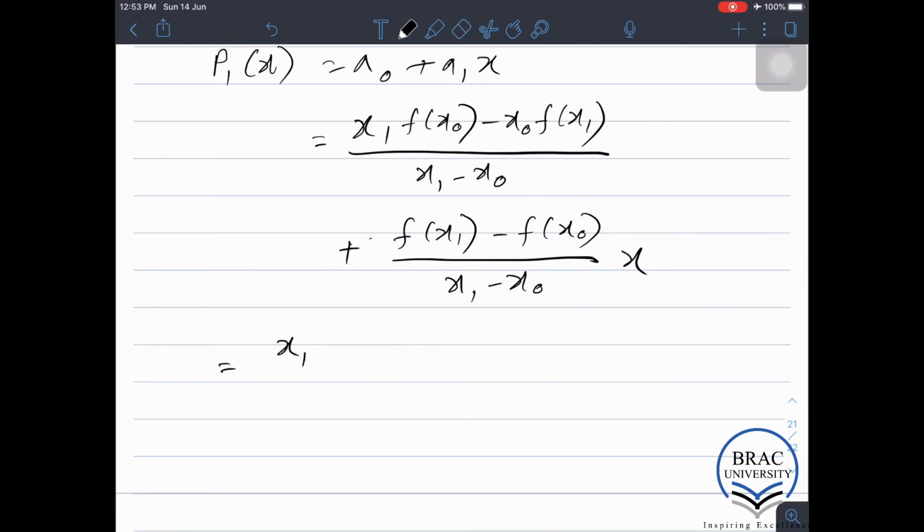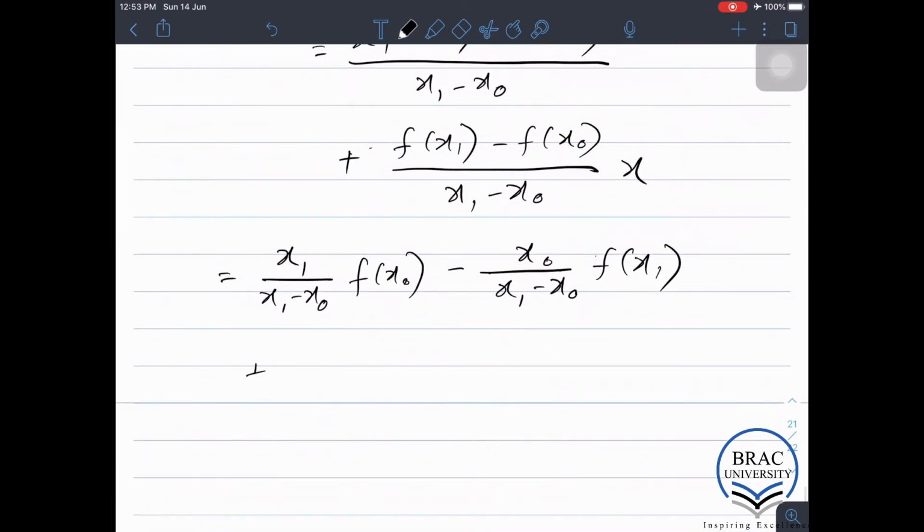So x1 divided by x1 minus x0, f of x0, minus x0 divided by x1 minus x0, f of x1, plus x divided by x1 minus x0, that is f of x1, and minus x divided by x1 minus x0, f of x0.